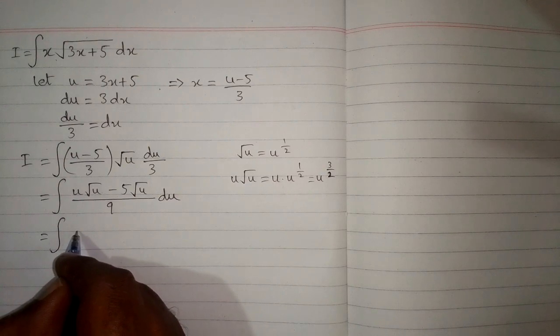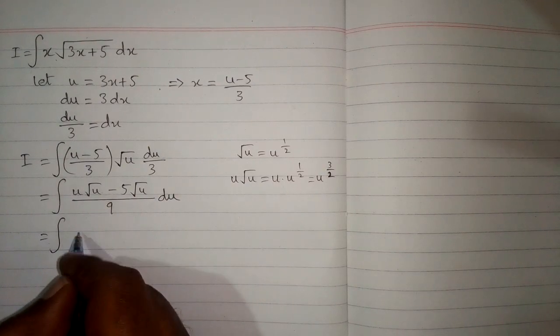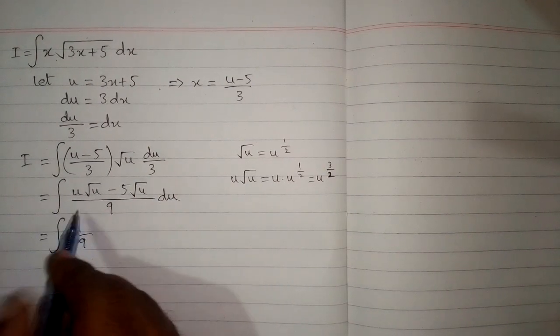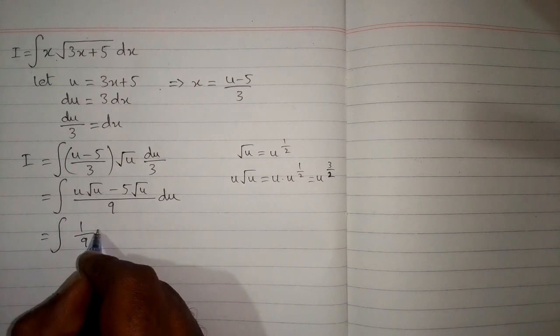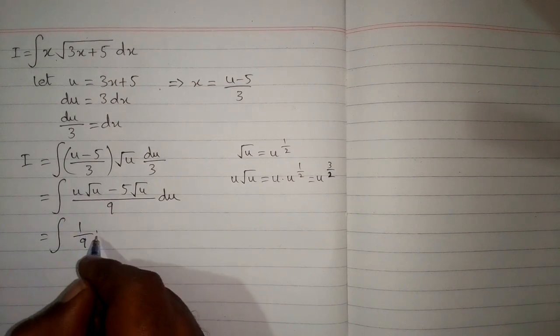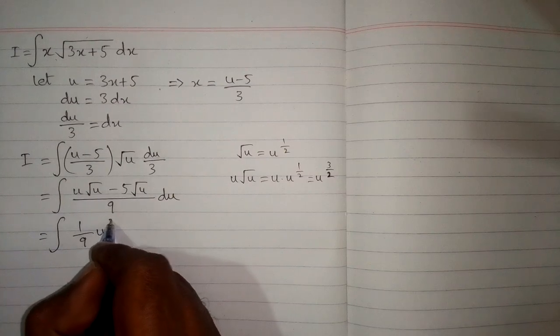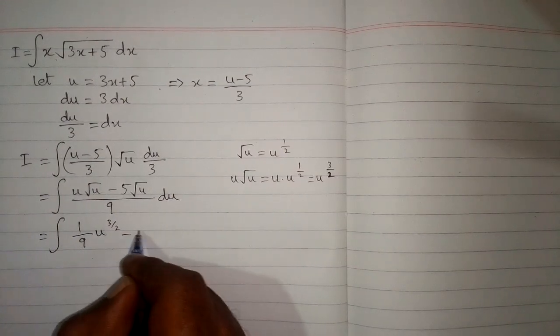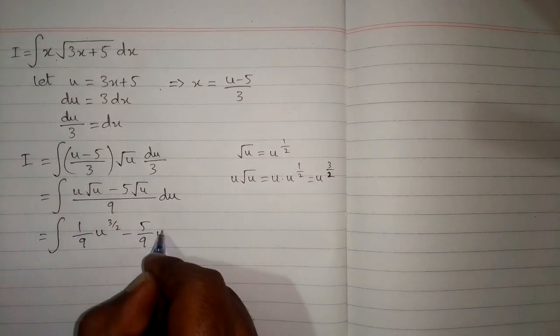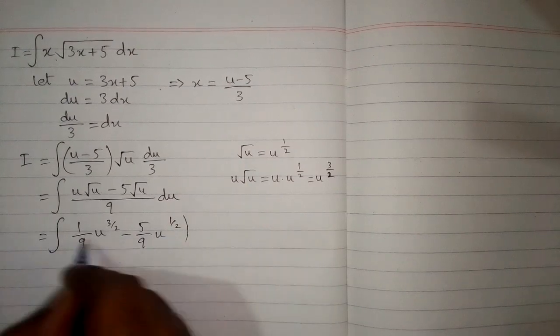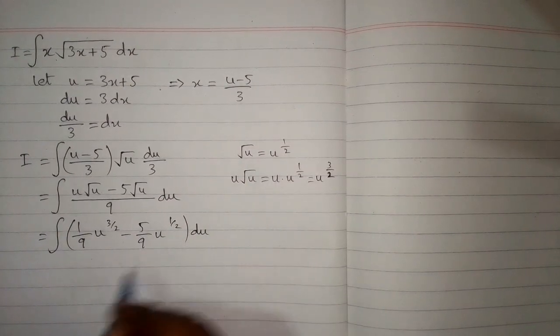Now this can be written as 1 upon 9, and u times square root of u can be written as u raised to the power 3 upon 2, minus 5 upon 9 u raised to the power 1 upon 2, du.